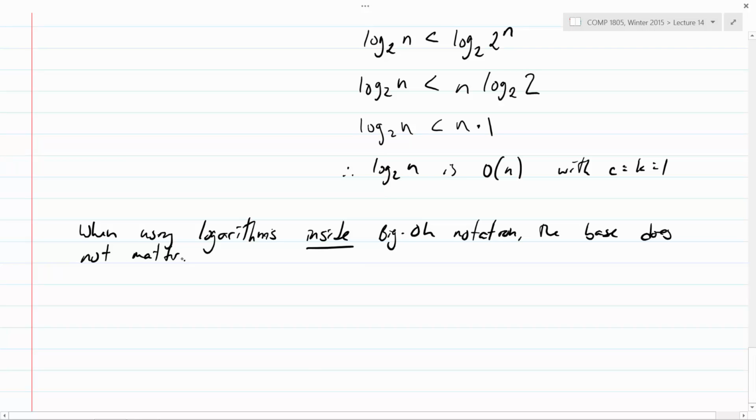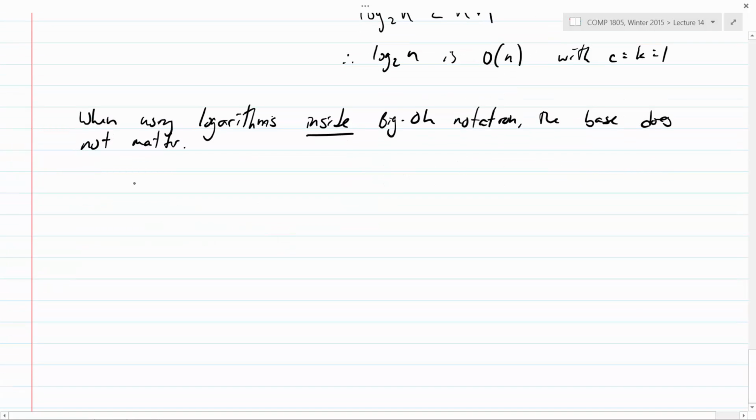So why doesn't the base matter? Why doesn't that make a big difference? Anyone remember? Yeah. I guess different bases don't actually affect that. Right. Different bases only differ by a constant. And if you don't believe me, just look at the change of base formula.